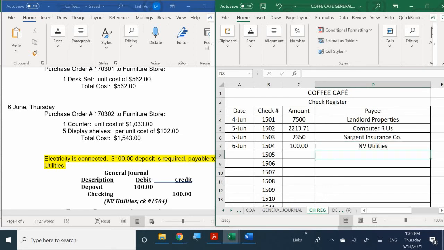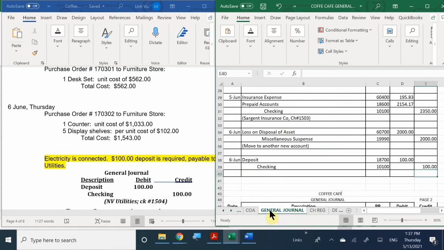If you have a section where you place your notes, you could say for electricity. Now that I have the number, we have check number 1504. I'm going to indicate that as part of my description. This is for NV Utilities.